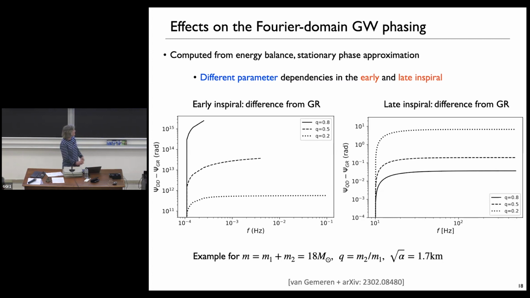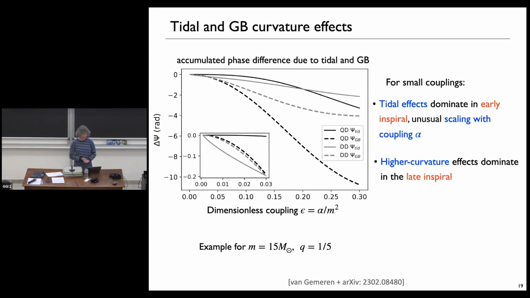You see clearly that in the early inspiral, the trends are exactly opposite compared to the late inspiral with respect to the mass ratio. The question is, now we have several effects: the pure scalar charges, the induced scalar dipoles due to tidal effects and the higher curvature corrections. Which ones are responsible for these parameter dependencies?